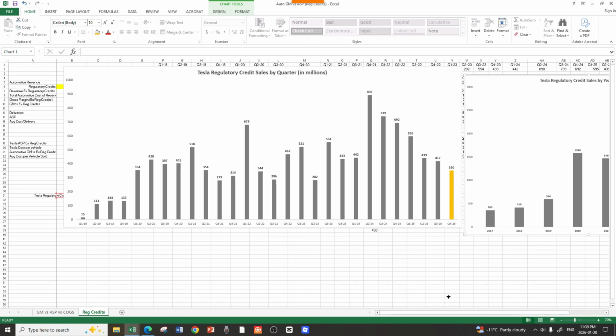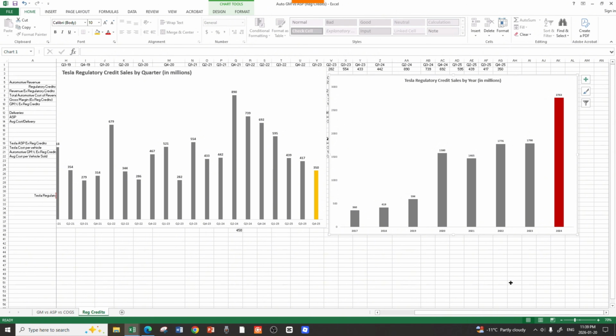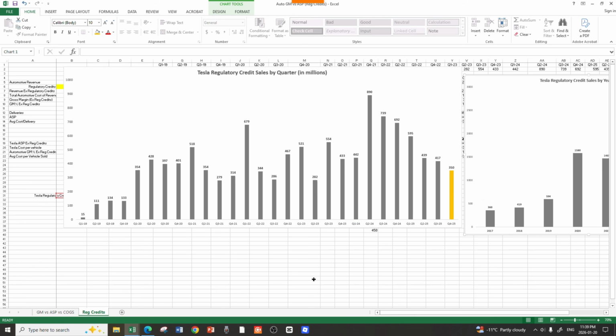Looking at the yearly number, we've seen regulatory credits increasing every year. I don't have a 2025 number yet, but it's likely going to be a decline versus 2024. I don't think it's ever going to reach this level again. So we're going to start seeing these numbers heading the other way for the first time ever.